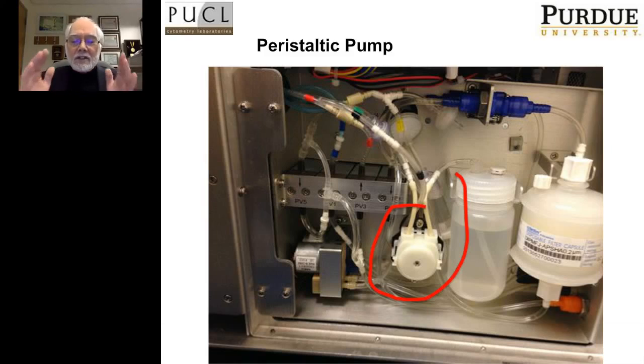Now, I'm not going to discuss the details of how this particular pump is designed, but I can say that the way it's designed is a very clever technique to essentially remove pulsations from the fluid that is going through to the flow chamber.